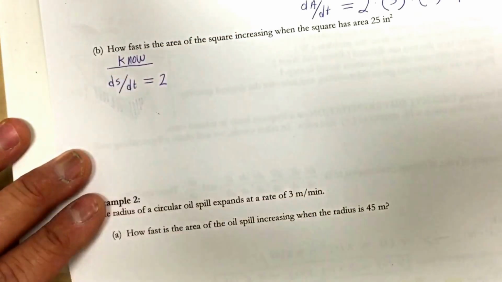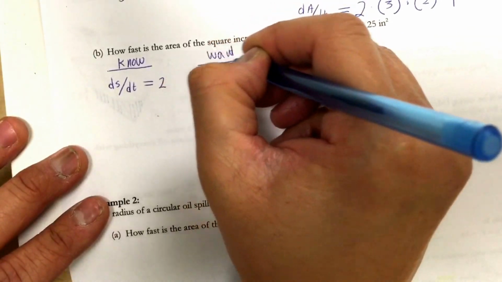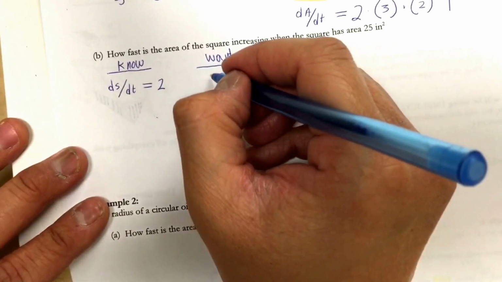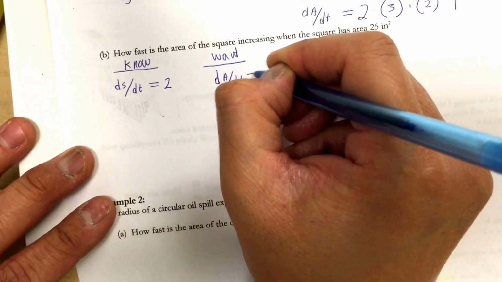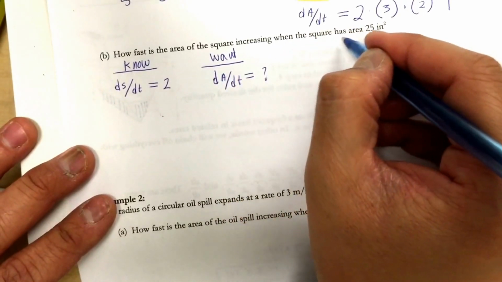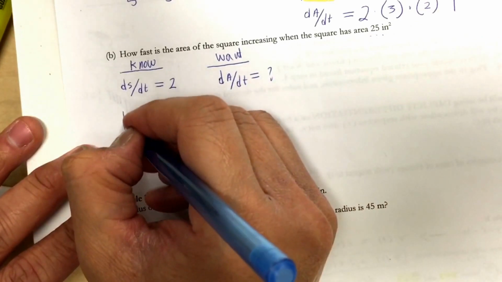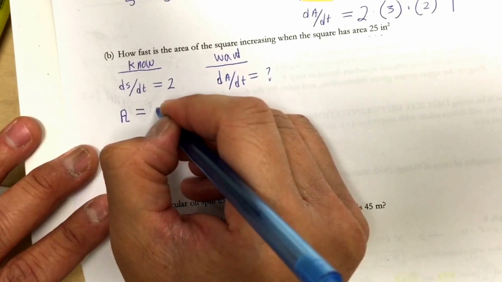It's a rate. And what we want is to know how fast the area is changing. So the change in the area over the change in time. We want to know this when the square has an area of 25. When the area equals 25.